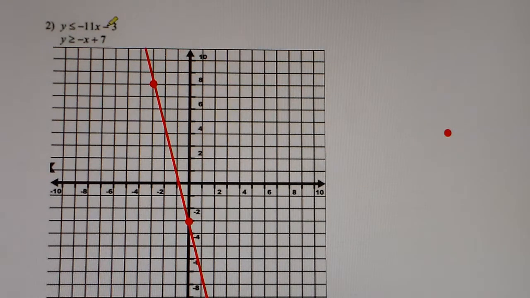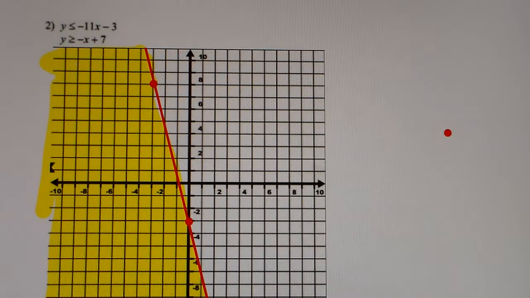Now it says y is less than or equal to, so we're going to shade everything that's less than. What you see in yellow is all the solutions that are less than negative 11x minus 3.